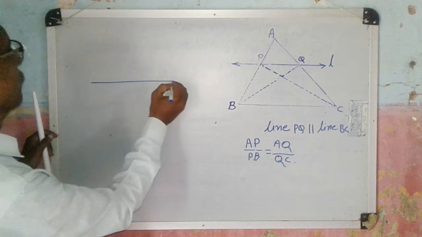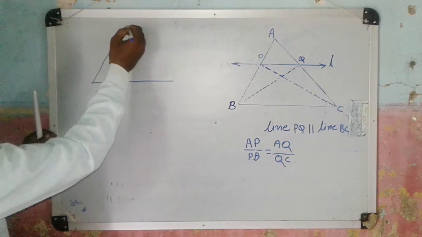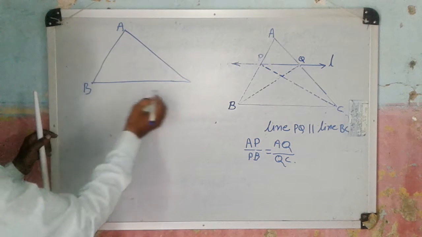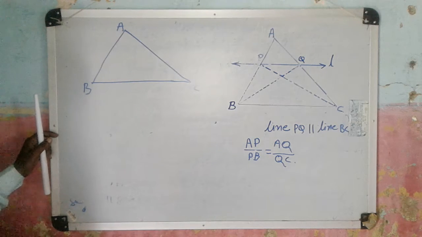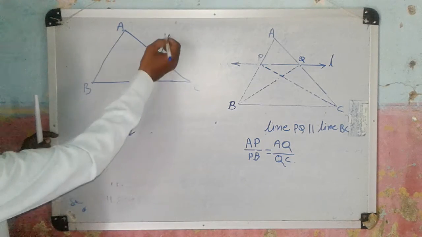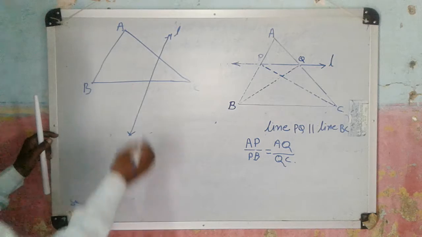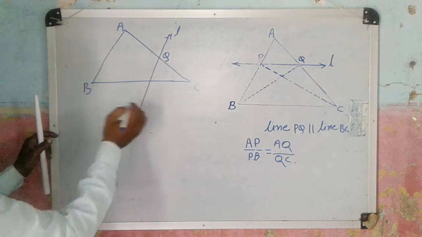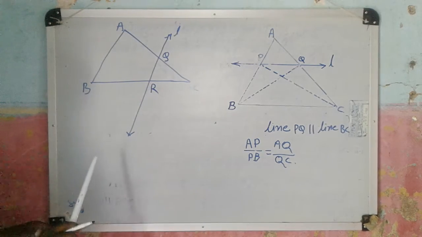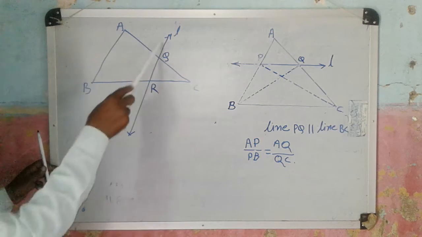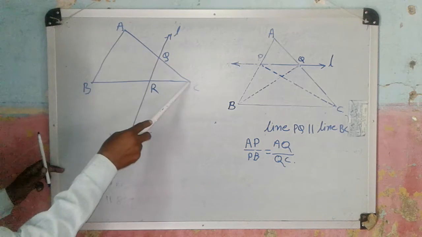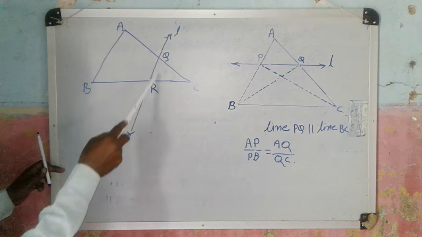Suppose triangle ABC, and suppose this line L is parallel to AB, and it intersects sides AC and BC in points Q and R respectively.